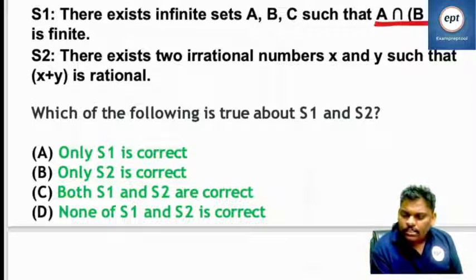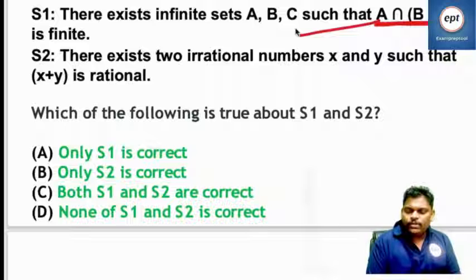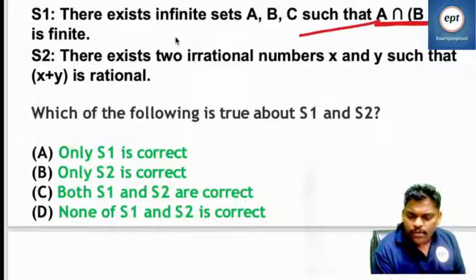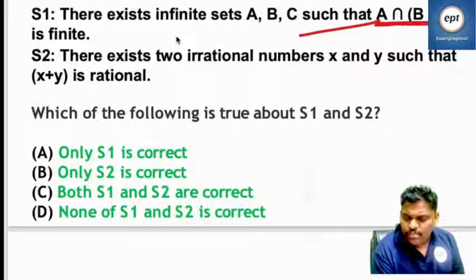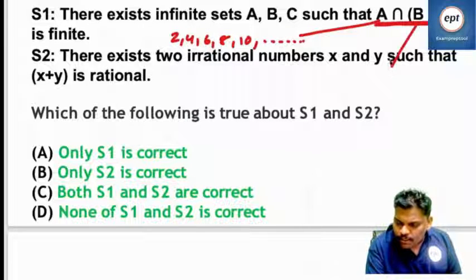Yeah, let's try once. Everyone listen. Let us assume A is even numbers: 2, 4, 6, 8, 10. A is even numbers. B is odd numbers.